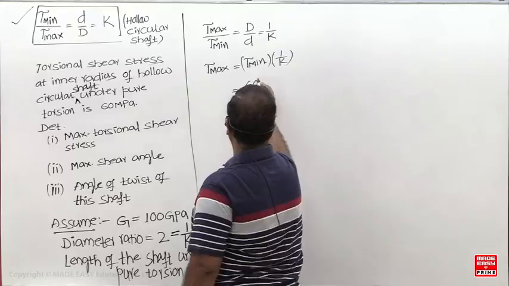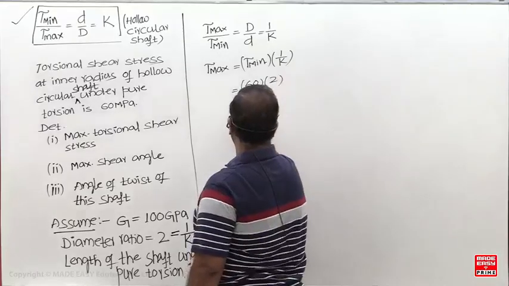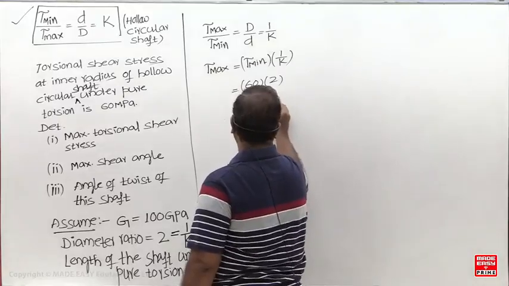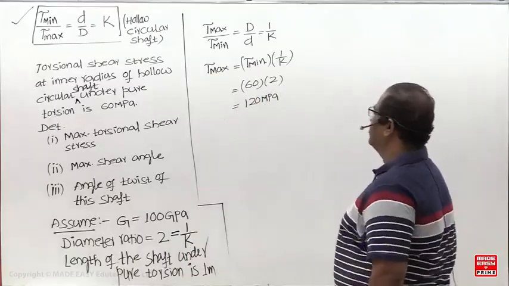So this is 60, so it is 120 megapascals. It varies from minimum to maximum.